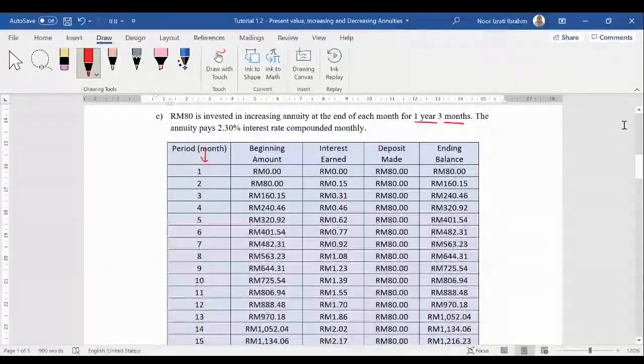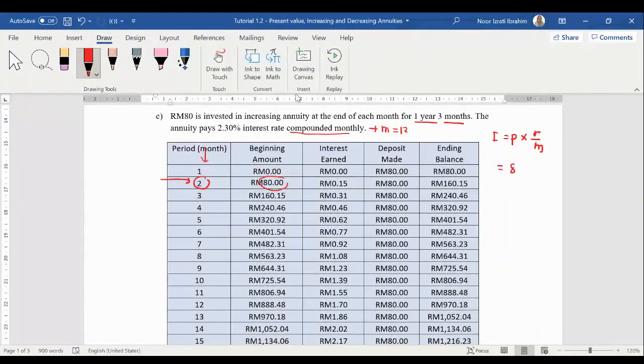And the value of M here is decided by this compounded monthly, which gives us M equals to 12. So every time you want to find the interest, it is I equals to principal multiplied with R over M. Let's say we look at the second period here. Okay, for the second month, the beginning amount in the account is 80.